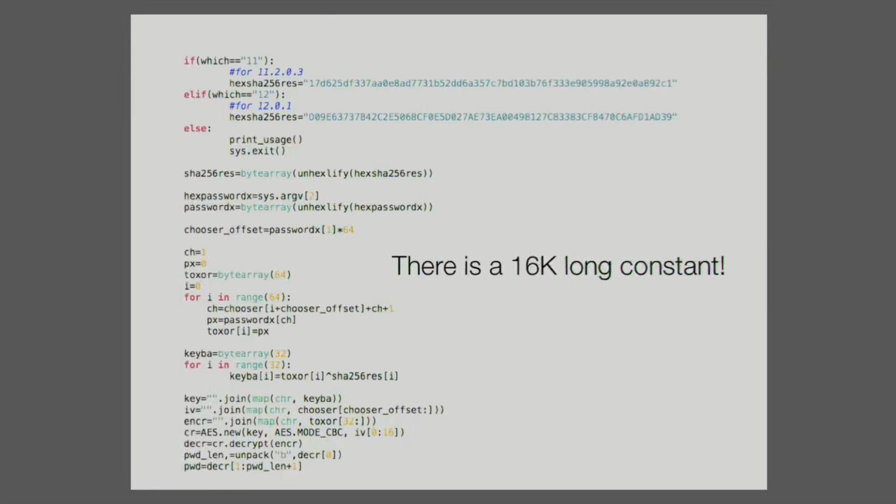However, there is a 16 kilobyte long constant that is used as a chooser to pick bytes from the long hex string. Then the picked bytes are XORed with another constant, which is not really a constant, but let's see it as a constant. And the result will be an AES key and the encrypted password. And you can just call AES to decrypt it.